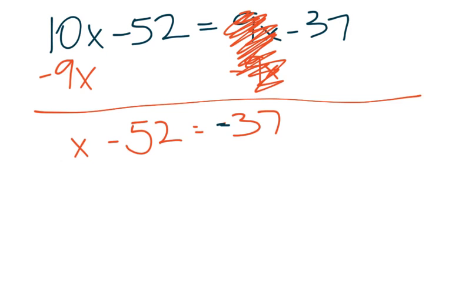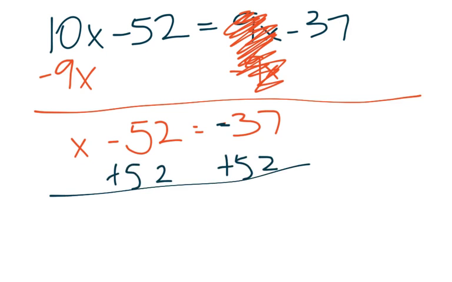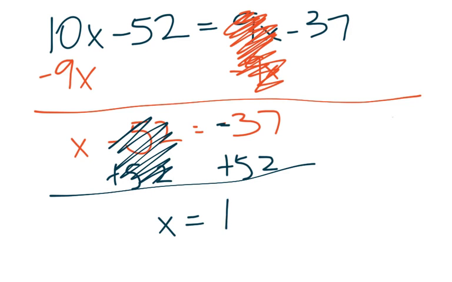And I'm not going to write the 1, but you can if you want. So I'm going to add 52 to both sides. These 52s will go away, and I'll get that x equals whatever 52 minus 37 is. And I get 15. So x equals positive 15.